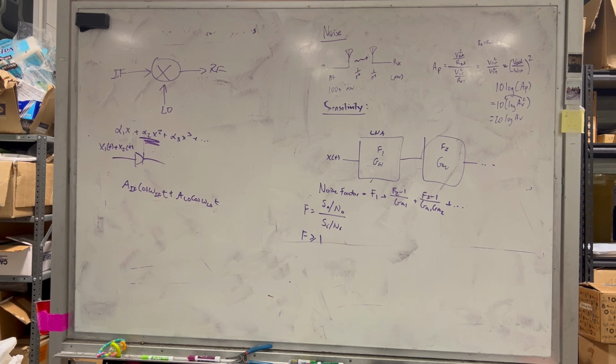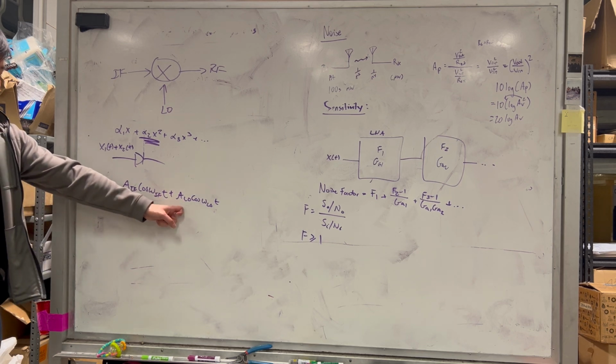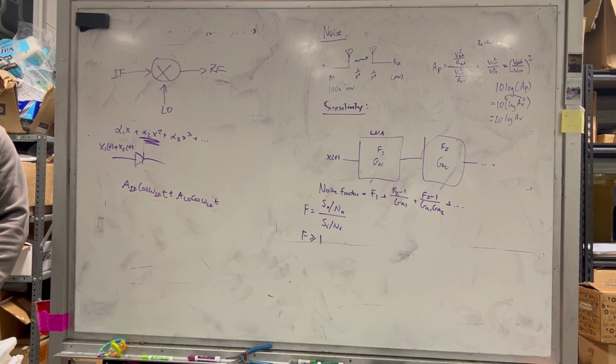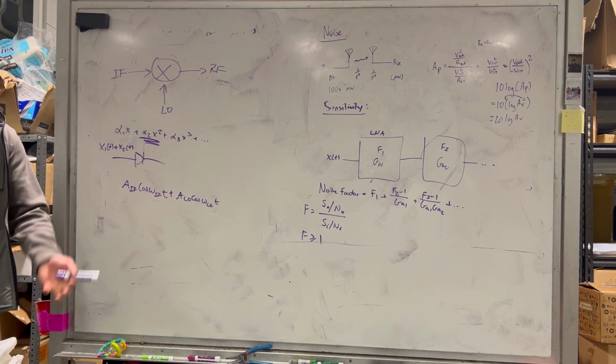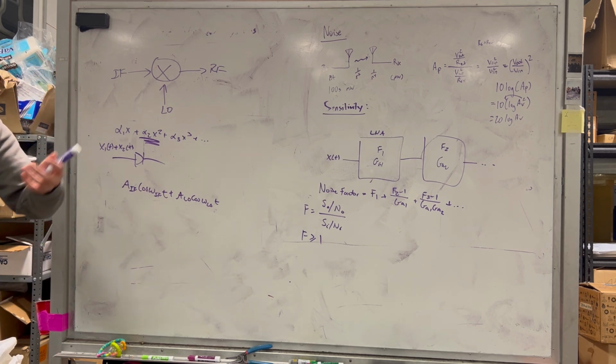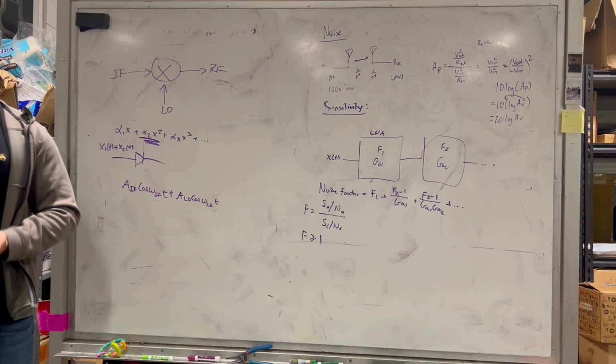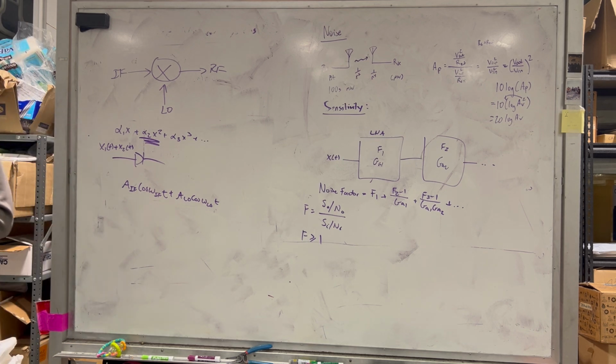Because think about it, if both of these were large, then, I can't think of the equation off the top of my head, but the third order product will have some a to the third term, right? And stuff like that. If this and this were large, then your spurs will also be larger than the values that you don't want. Your third order values, not your second order values, right? Your 2F1 minus F2 and 2F2 minus F1.